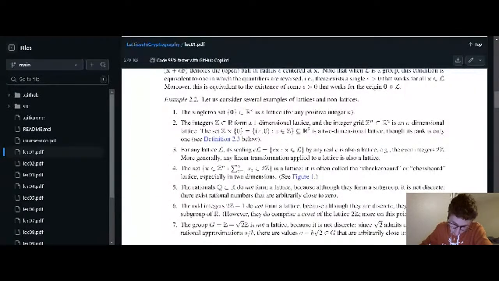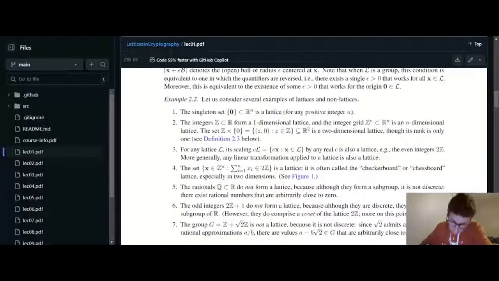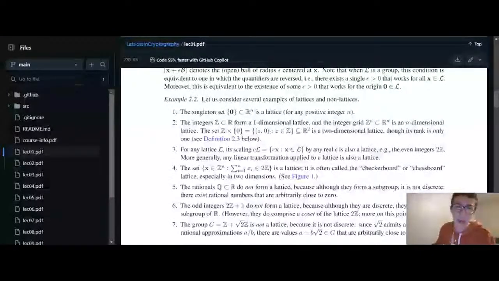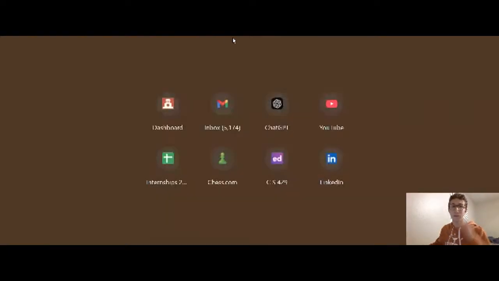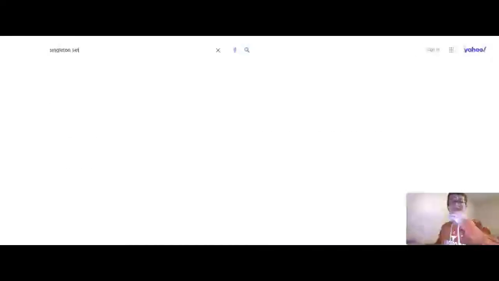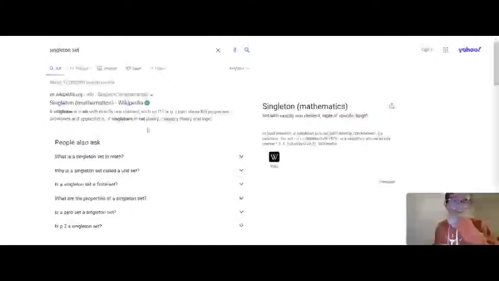So the singleton set, I believe. I don't know how to read this. I took discrete math. The singleton set just means there's only one thing in that set. This is something good to look up. I want to say it's only one element and it's just null, or is it zero?